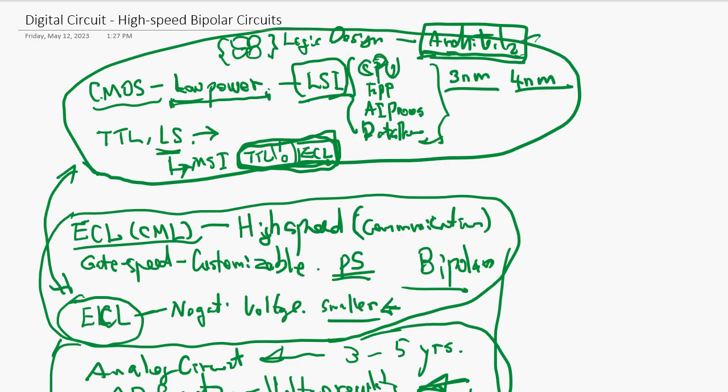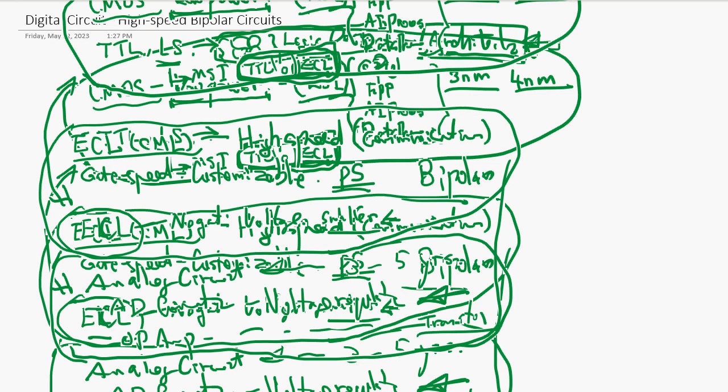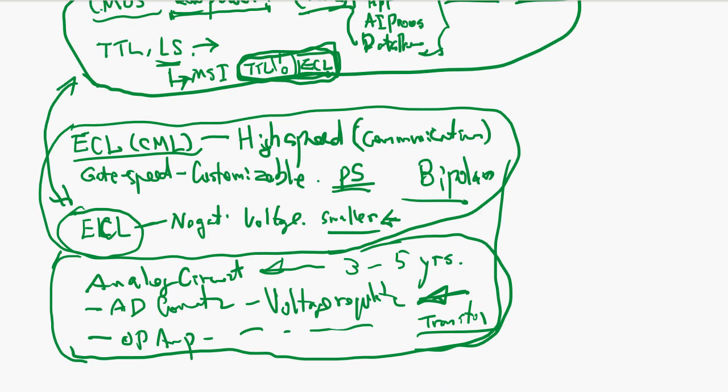Architecture needs a lot of experience, and the remaining is logical design, how to design the logic unit. But ECL high speed, bipolar high speed, and bipolar analog circuit are going to be totally different. Today we talk about this ECL circuit, and next time we talk about analog.